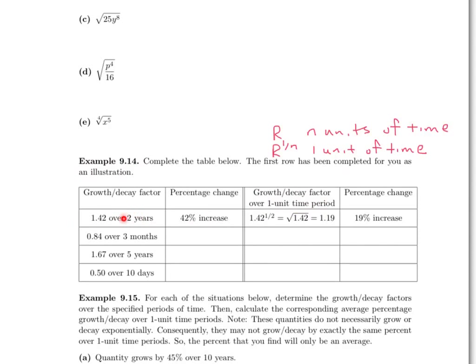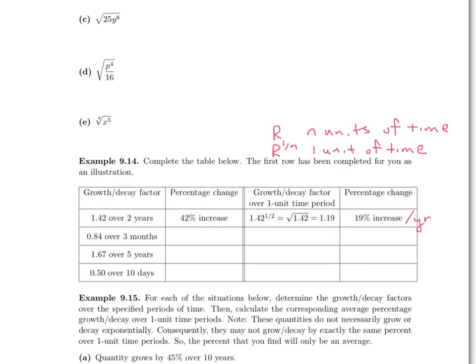The half is coming from the 2 years, so the 2 would be like the n here. So taking 1.42 and raising it to the 1/2 power, if we put that into our calculator, we arrive at an approximate value of 1.19, which corresponds to a 19% increase, and that would be the increase per year.